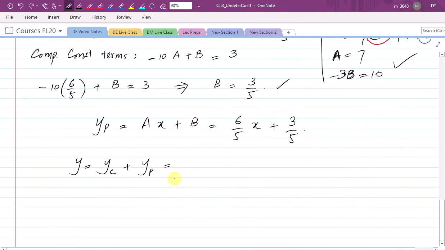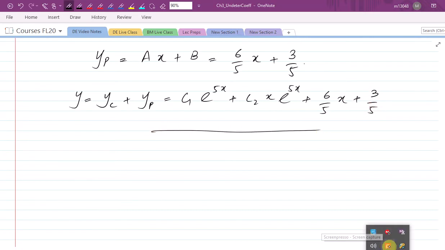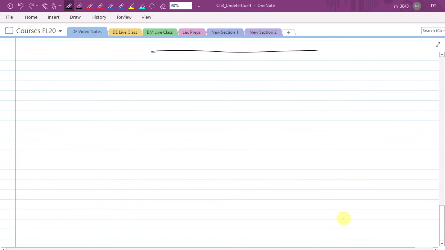So it is c1 e power 5x, c2 x e power 5x plus 6 by 5x plus 3 by 5. That completes the solution for this equation.